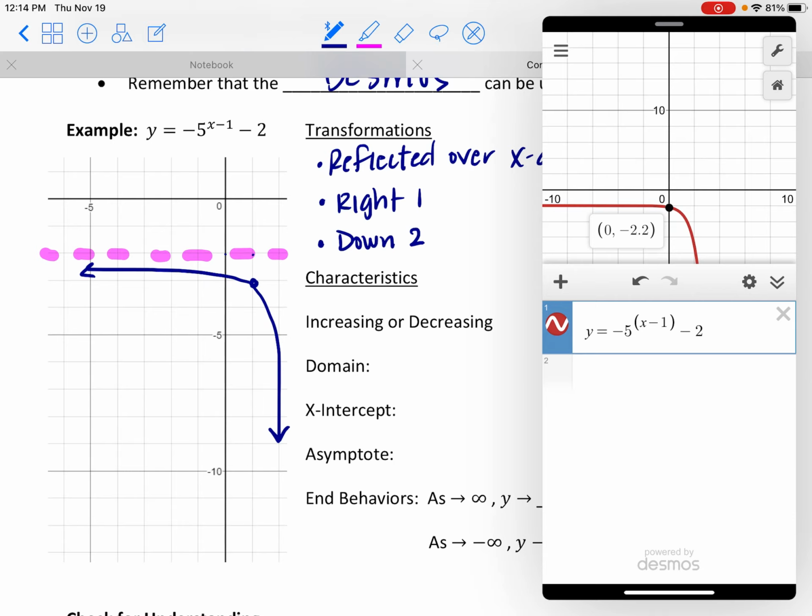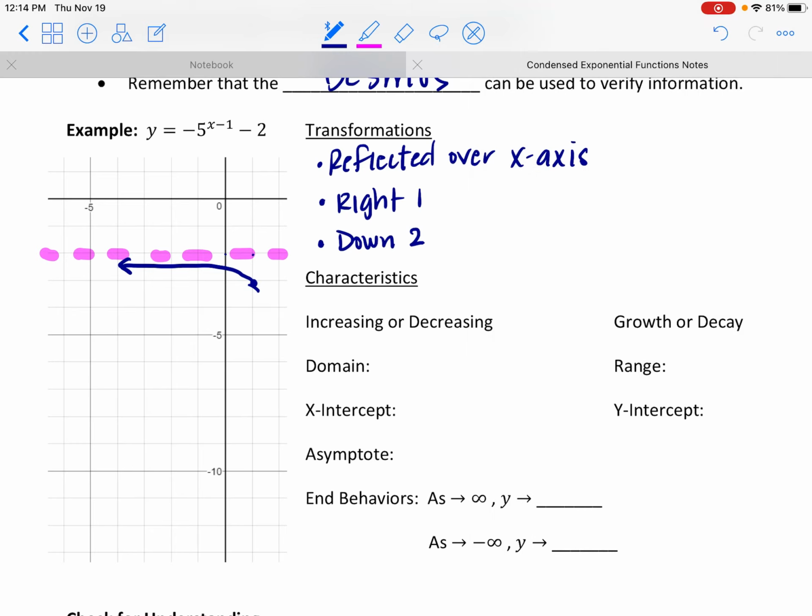It's got the graph crossing the y-axis at negative 2.2, and my branch is a little off here, but it was basically right. So I'm just going to scooch that up a little bit.